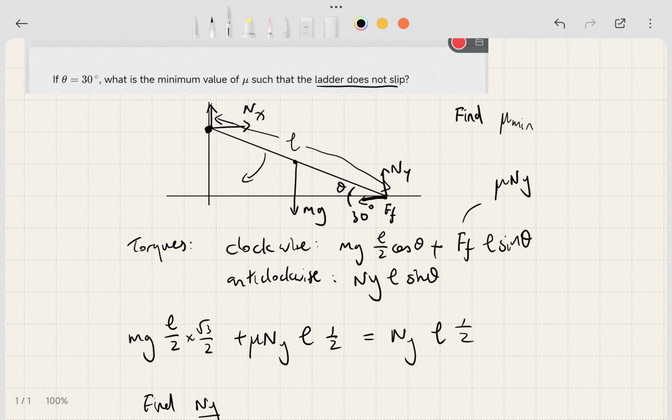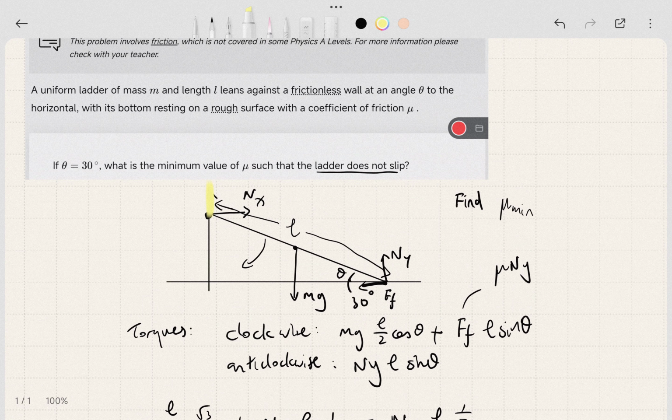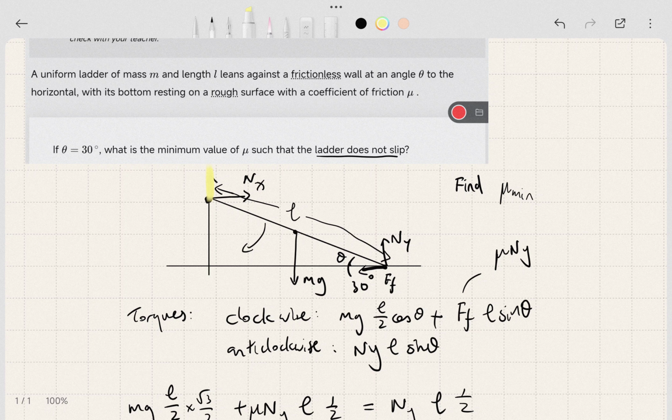If there's no frictional force up here, then the vertical forces must balance each other, which means mg is equal to Ny, right? The vertical normal force, that's obviously going to be equal, but yeah, that validates my hypothesis.